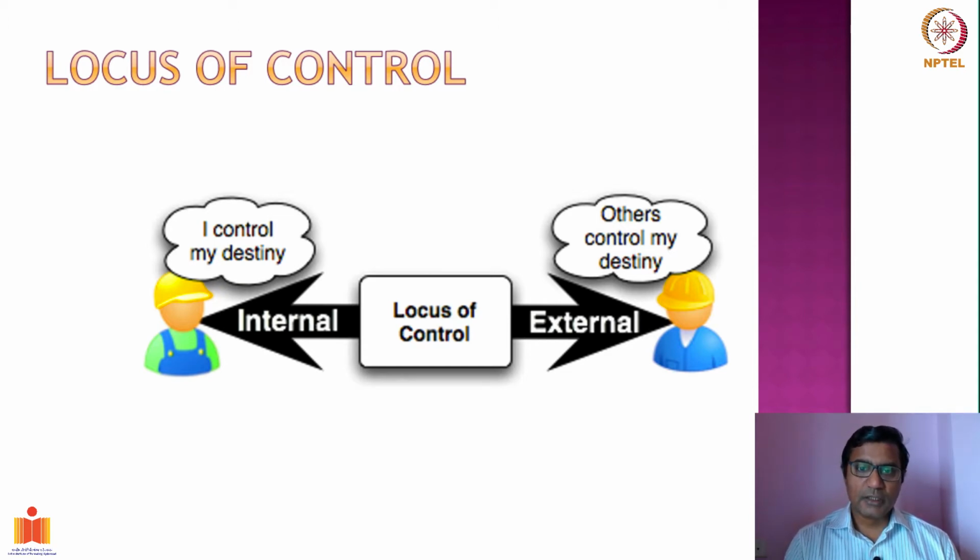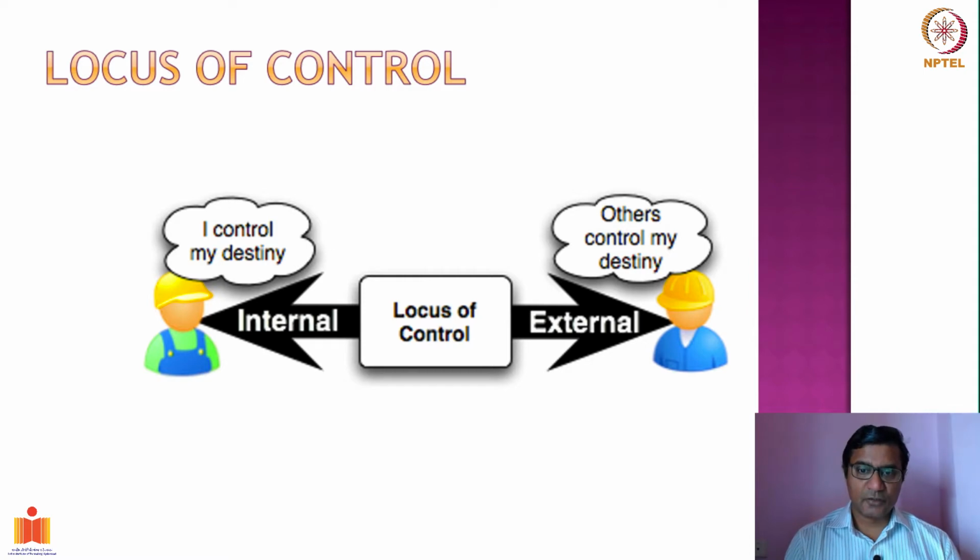Locus of control is an individual's assumption that he or she controls his or her life and also things which are happening around them. People who believe that I control my life, I control where I should reach, and I can influence the environment around me, those people are called people with internal locus of control.